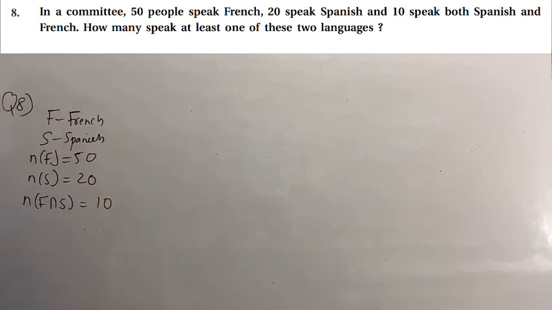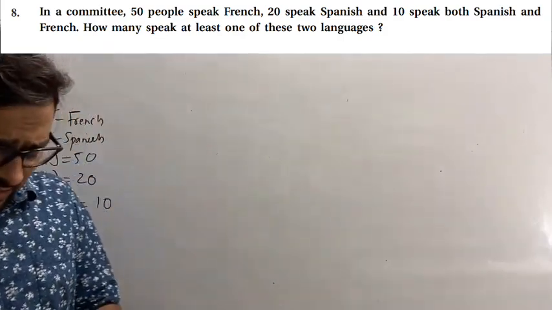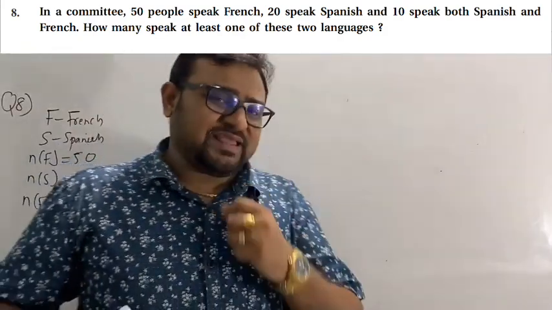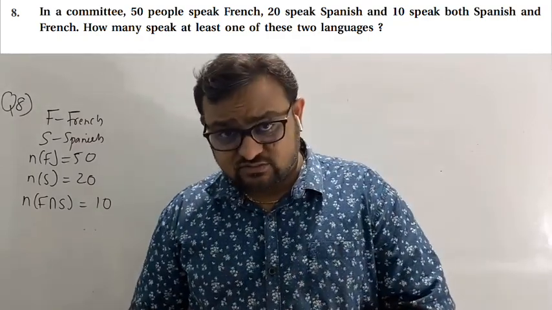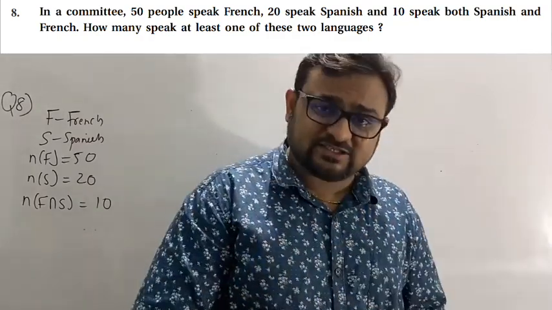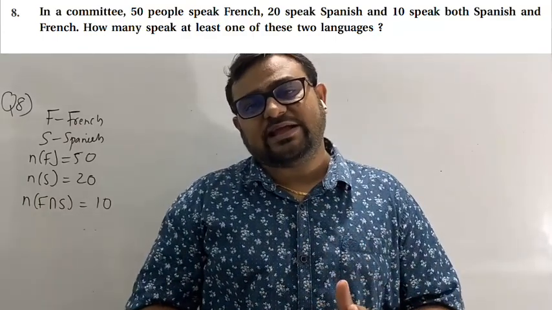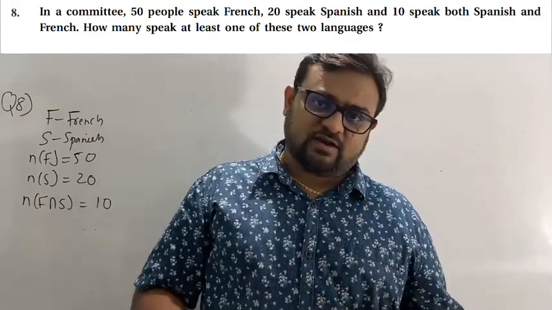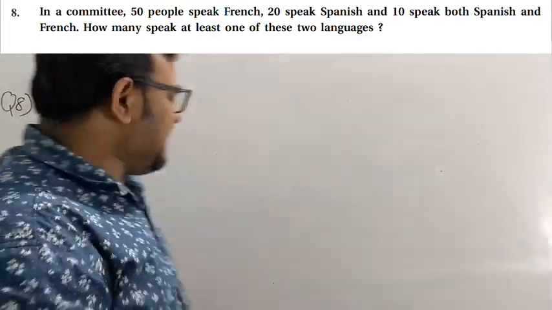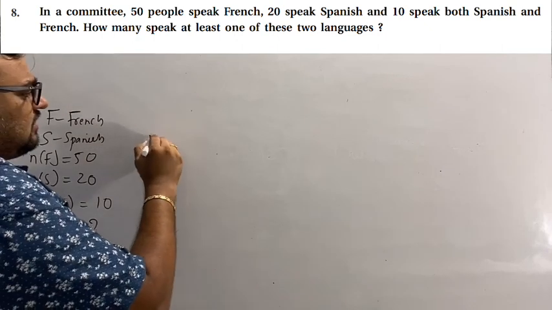And you have to find out how many people speak at least one. Now see, at least one means it can be either French or Spanish or both. At least one means one or more than one. So definitely it will be F union S. So you have to find F union S. So simple.